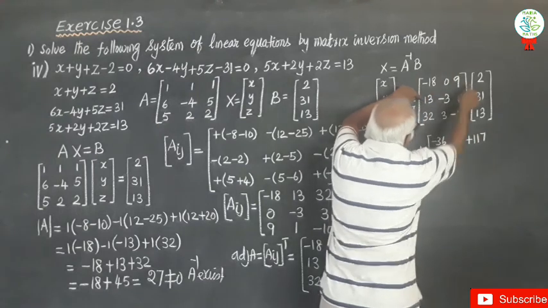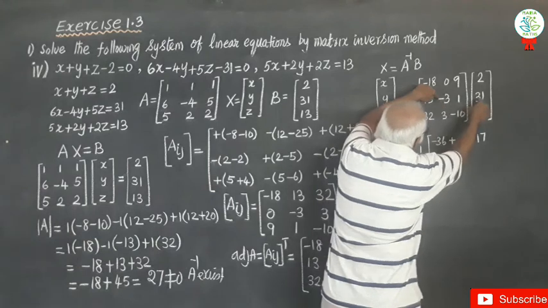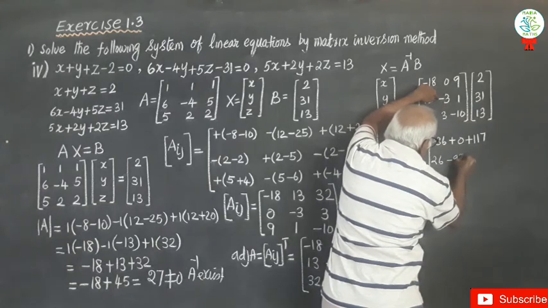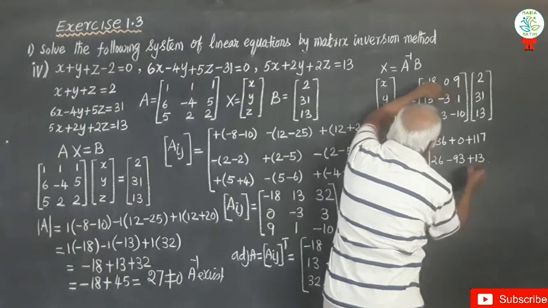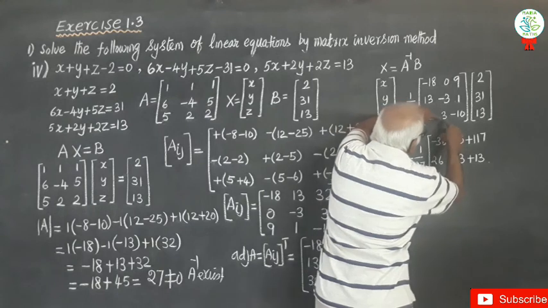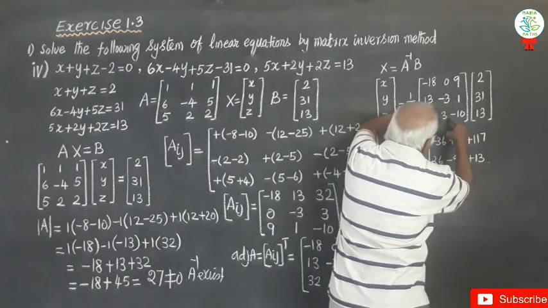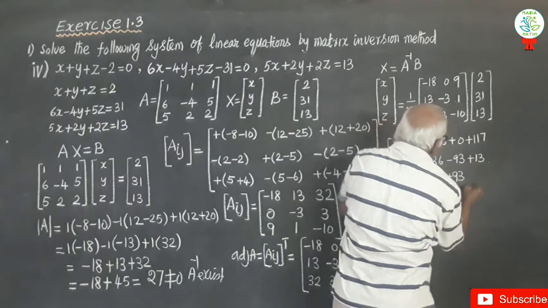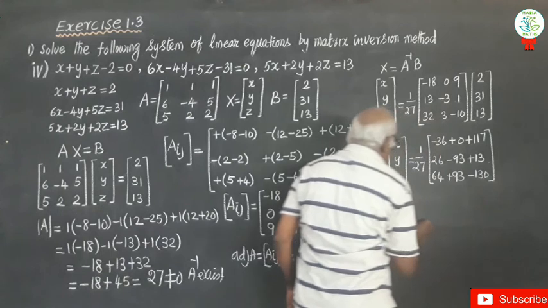Then 13 into 2, 26, minus 3 into 31, minus 93, 1 into 13, plus 13. 32 into 2, 64, 3 into 31, plus 93, minus 10 into 13, minus 130. Then again simplify.